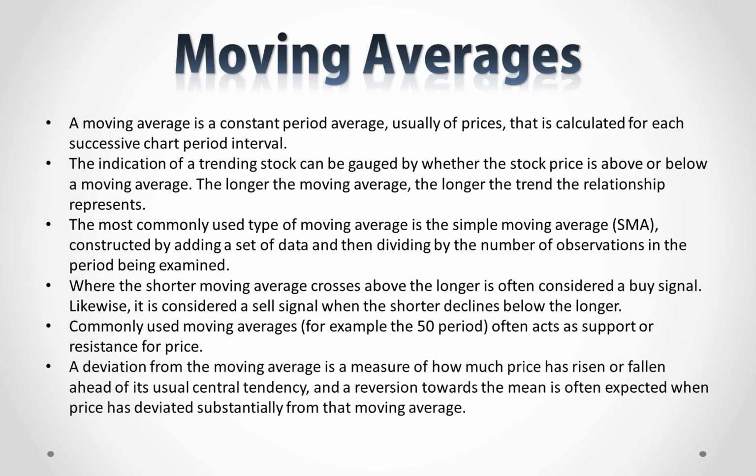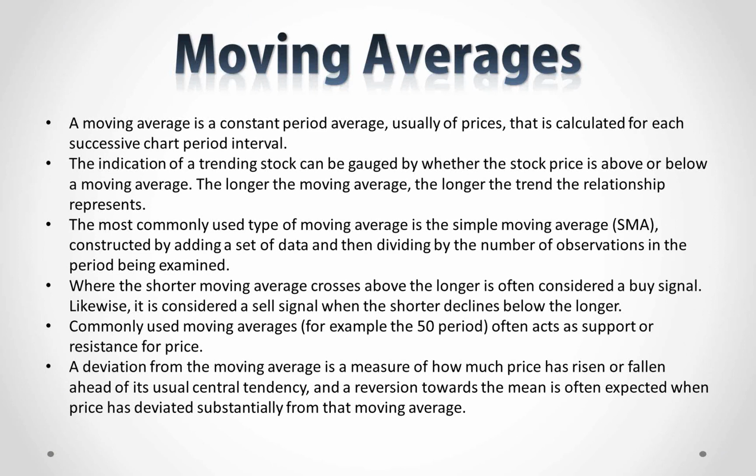The final way that you can use moving averages for a trading strategy is a deviation from the moving average, which is a measure of how much price has risen or fallen ahead of its usual central tendency. And a reversion towards the mean is often expected when price has deviated substantially from that moving average.